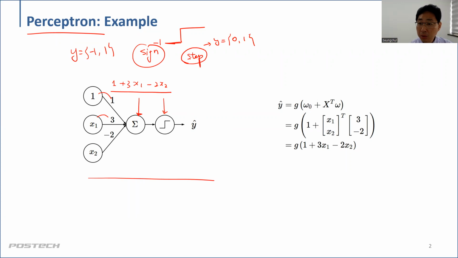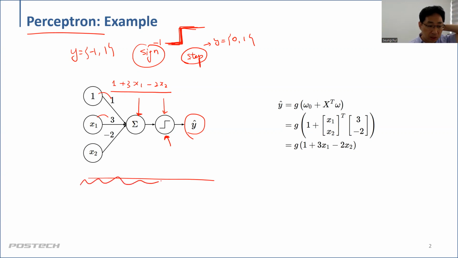It really depends on how you label them. You can think of it as either sign or step. It doesn't matter. We have some discontinuities, but again it's a nonlinear function. After that, we get the predictions out of the perceptron in classification problems.